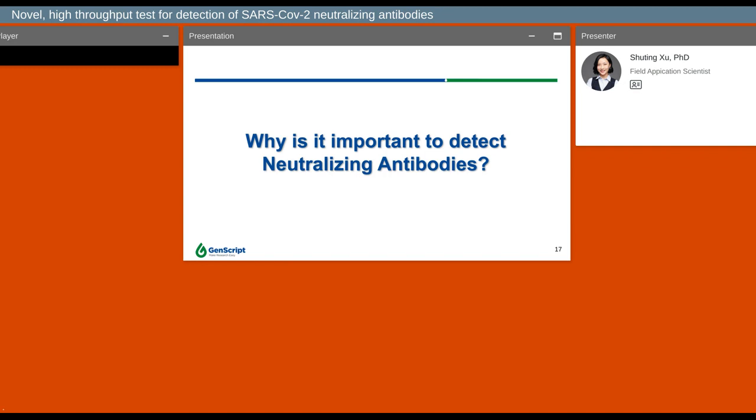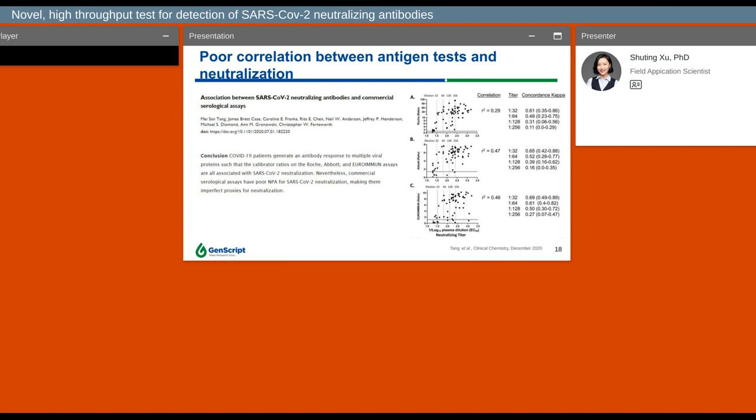So let's come to the last topic. Why is it important to detect neutralizing antibodies, compared to detection of antigen? Some studies have already shown that there is a poor correlation between antigen tests and neutralization. As you see from the data offered by this particular study, they used different kits to detect IgG in the samples, and also used a conventional neutralizing assay.